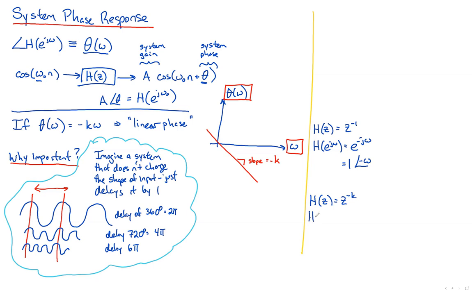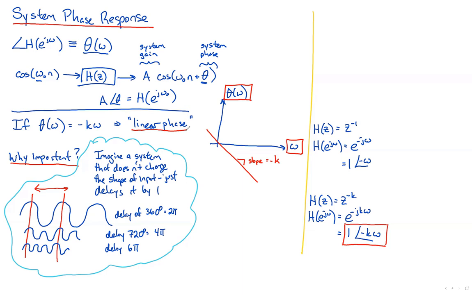And of course, its DTFT would be e to the minus j k omega. That's the same thing as having a magnitude of 1 and a phase of minus k omega. So a system that delays things exactly by k units and doesn't change the shape is something that has a linear phase response. And the opposite of that's true too.